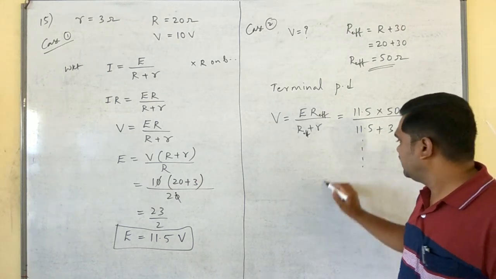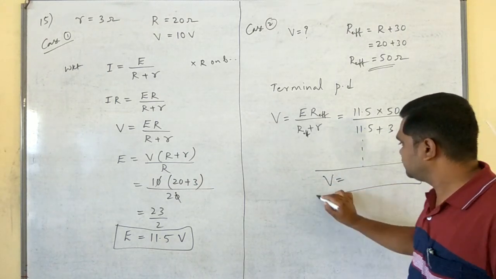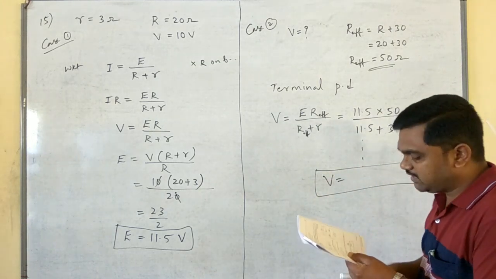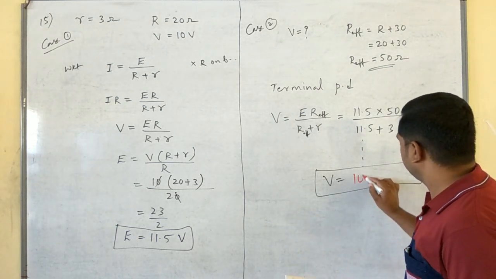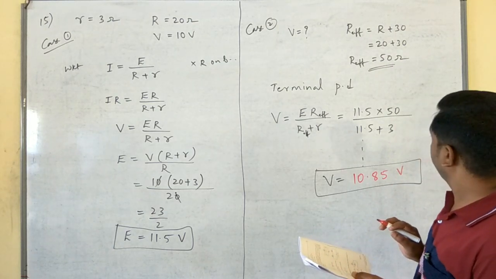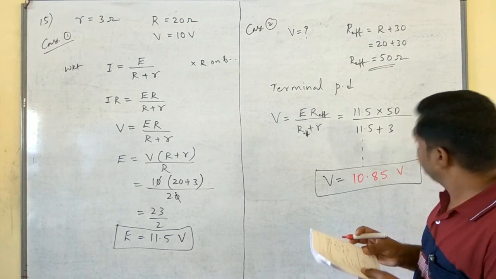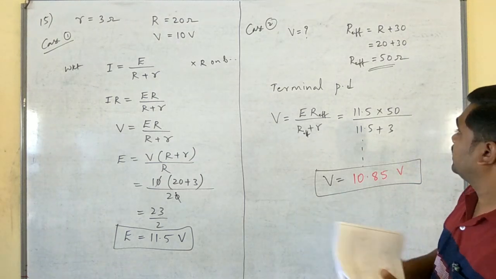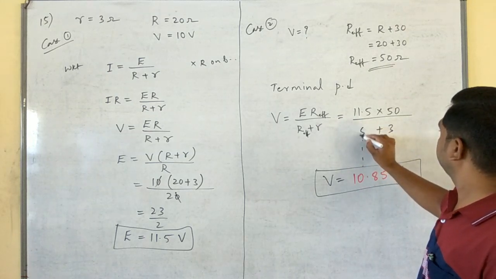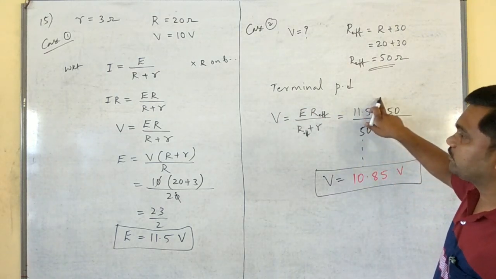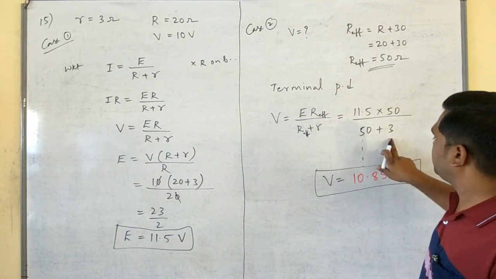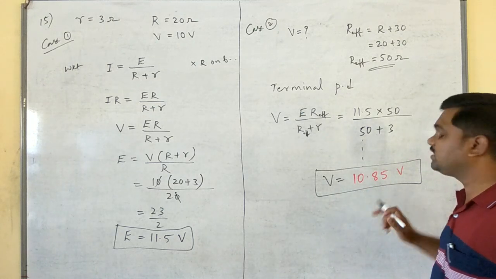Solve this and finally you should get the given answer, 10.85 volts. Here E is 11.5 into R effective 50, divided by R effective 50 plus 3, which gives you 10.85 volt.